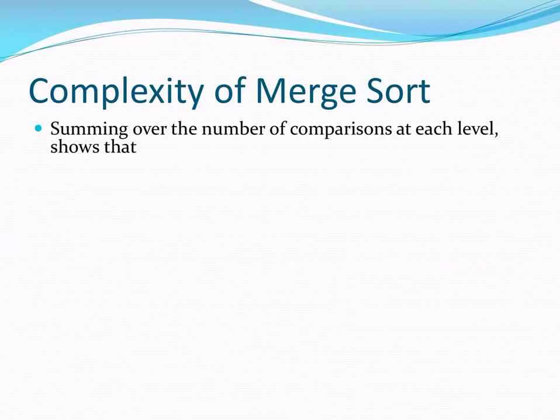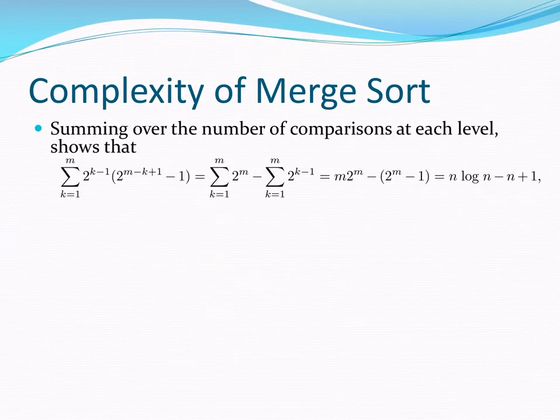Okay, so let's express that as a sum. So k is going to go from 1 to m, and really k goes from m down to 1 because I start with 2 to the m lists. And then there's that number of comparisons for each merge. There's the number of lists that I merge into, and I do that for all those k's.